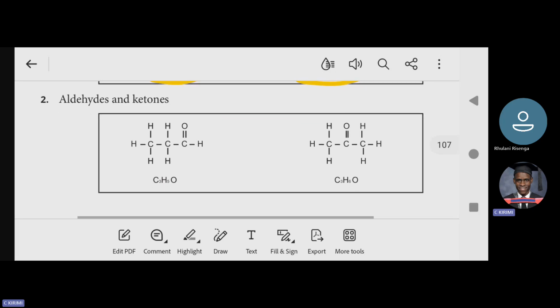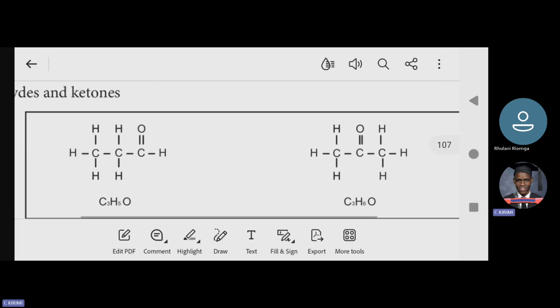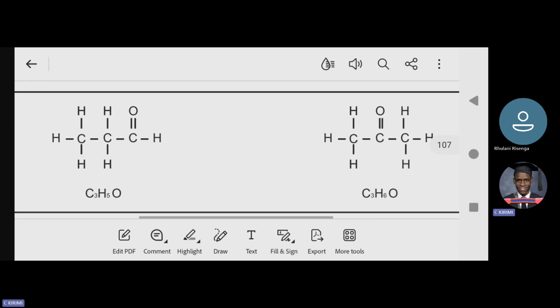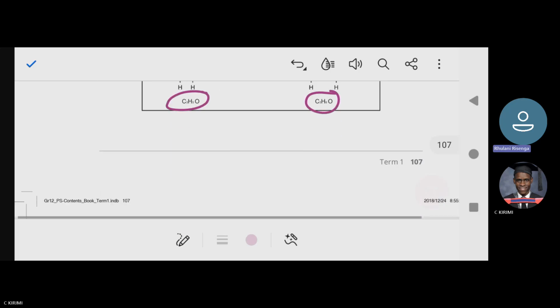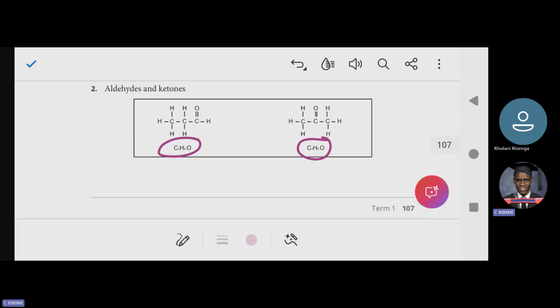For example, you can have an aldehyde and a ketone, which means these two have the same molecular formula, but they belong to different homologous series. The homologous series is what is different.